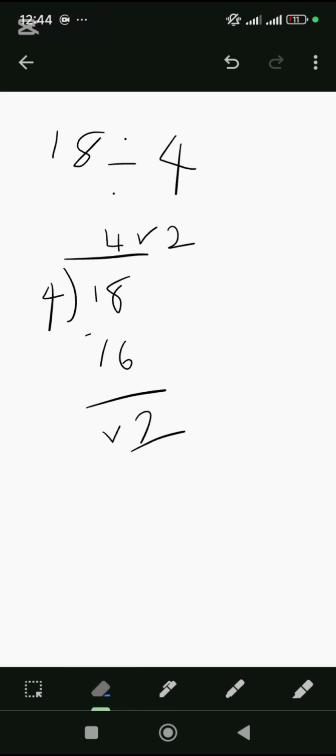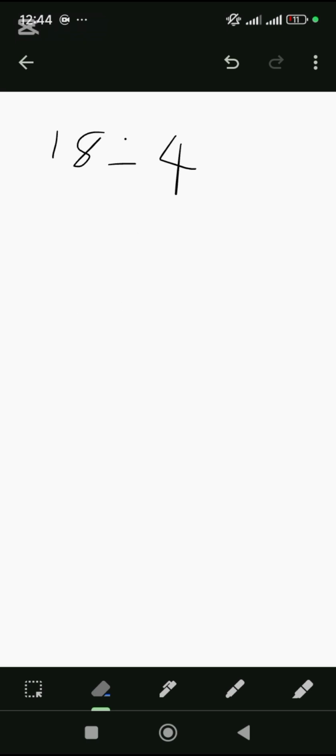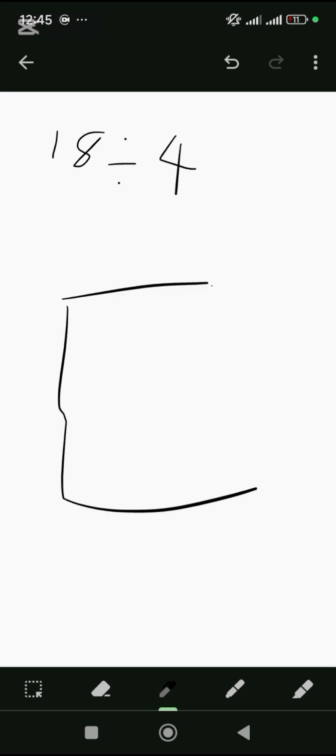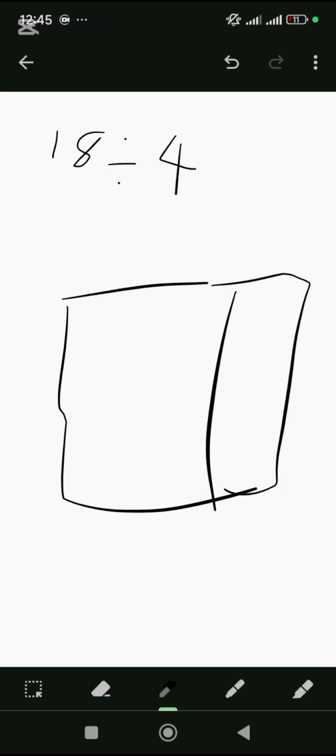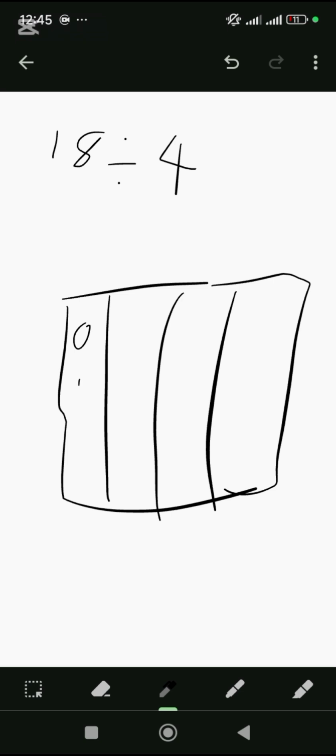However, as we move along, we do not want to have remainder. We want to have that remainder further divided. This is what I mean. When we have something like this, we are simply saying that we have 4 groups, and that each group receives 4 of these.